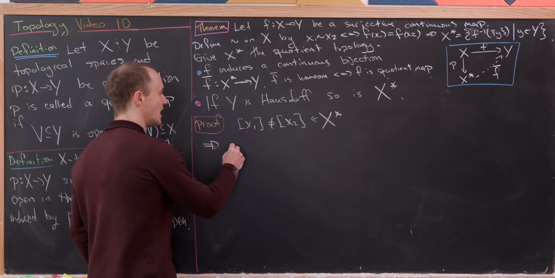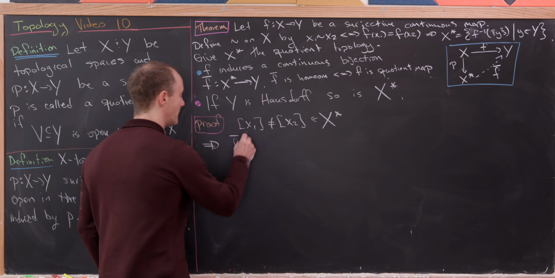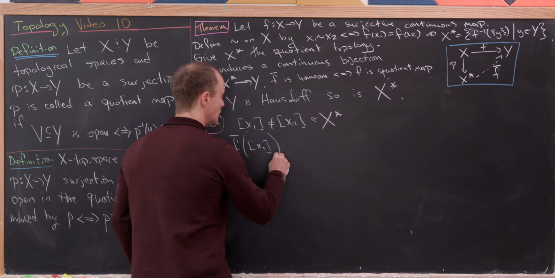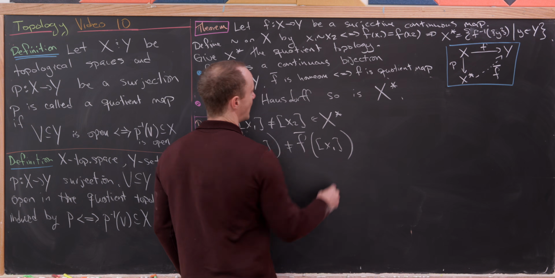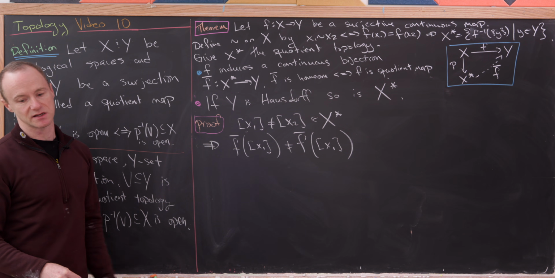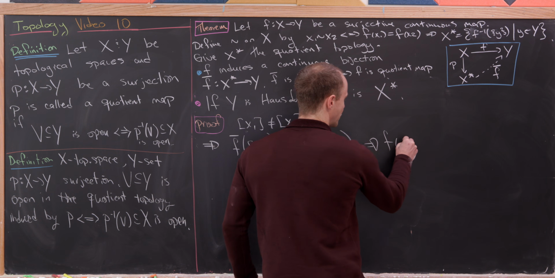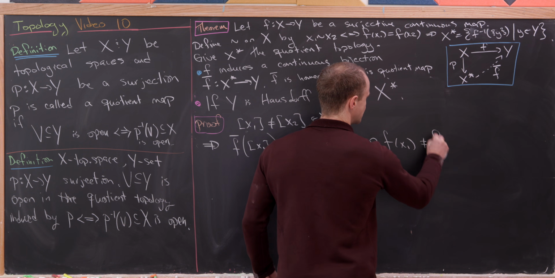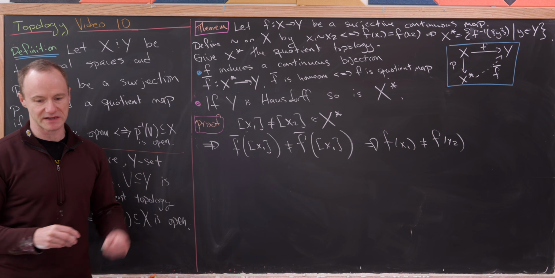Well, since these are not equal, if we apply F bar to them, we'll get something that's not equal. That's because F bar is a bijection. Well, we proved that here, it's a continuous bijection. But that tells us that F applied to X1 is not equal to F applied to X2. I think we could have gotten right there from the beginning, but that's okay.